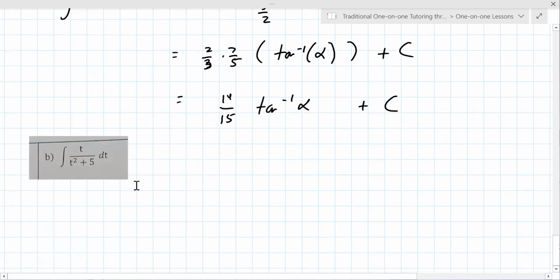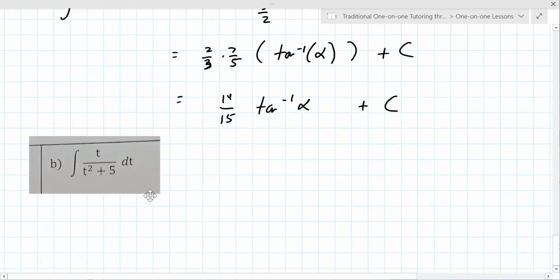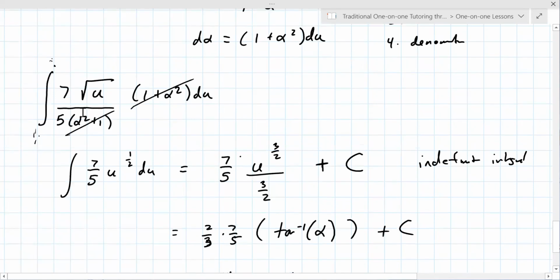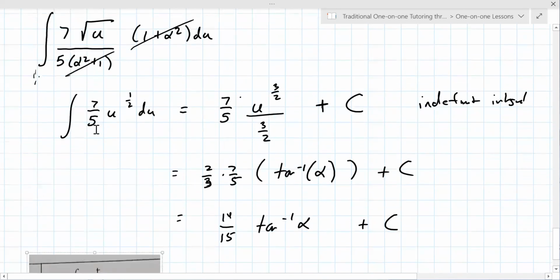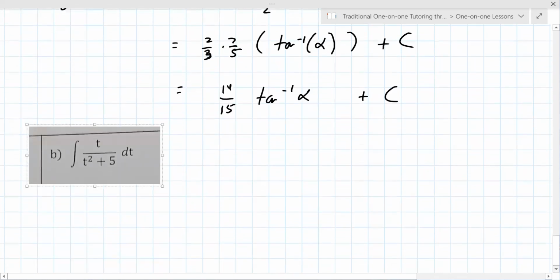In this case, you just didn't plug in the upper and lower bound. But we go back to the original variable of alpha. You don't leave it in terms of u. If you stopped at this line right here, you'd get, I don't know, 7 out of 10, because you didn't go back and do it.